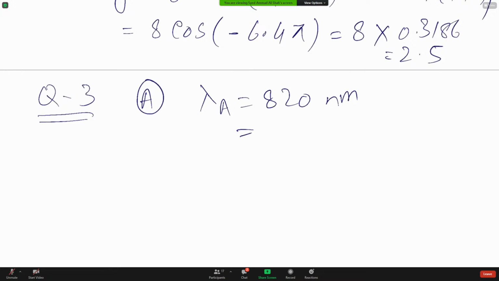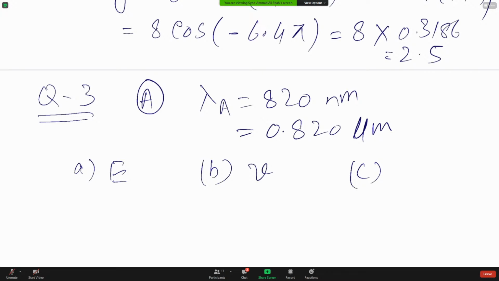First thing we will do is convert it into 0.820 micrometers. Now it says find energy, find frequency, and find propagation constant. I want you guys to calculate it and tell me, and then I'll see if it matches with mine.